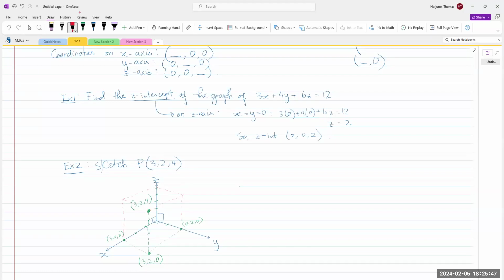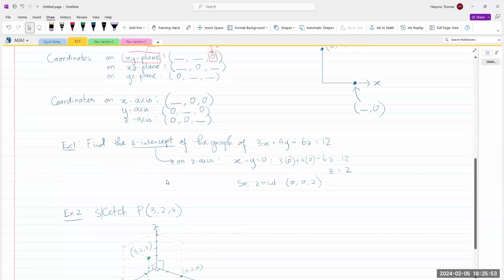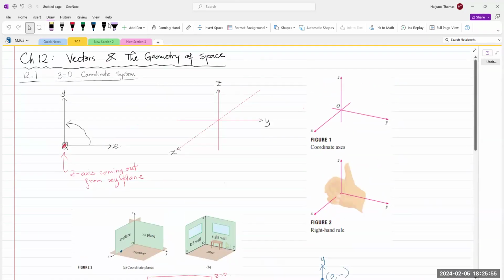Now, compare this way of drawing to this one here. Let me borrow this guy. 3 units in the X position, 2 units in the Y position, and then 4 units in the Z position. You just draw it like this. Now, you can draw it like this and nobody understands what you're doing. Okay?